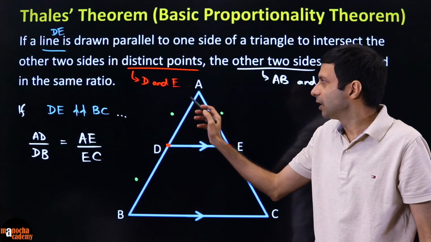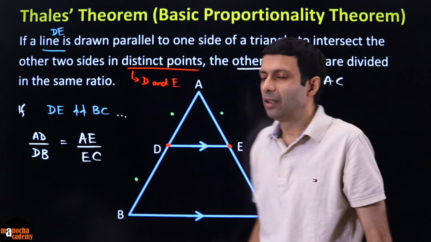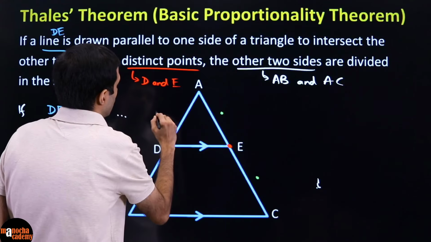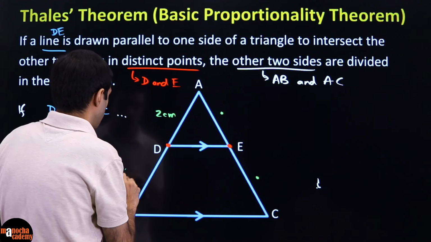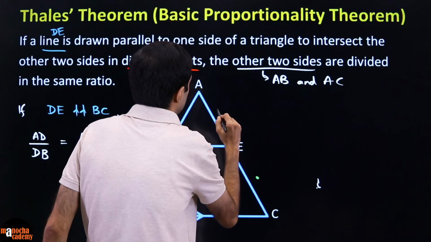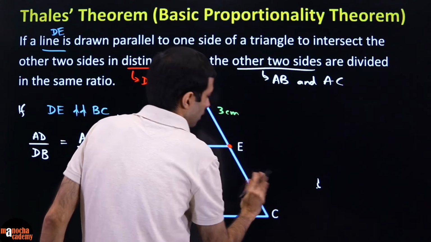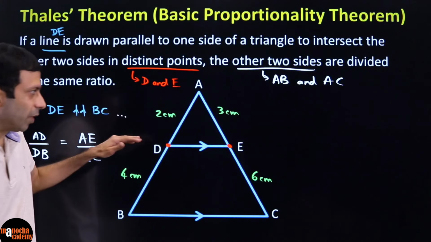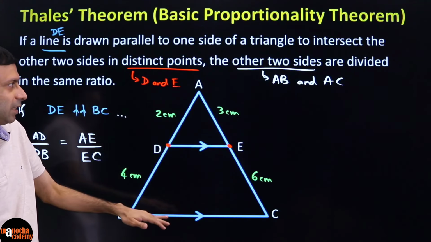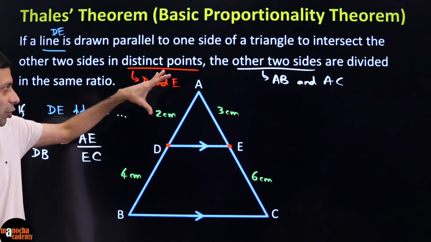So if you take an example here, let's say this length is 2 centimeters and this length is 4 centimeters. This length is, let's say, 3 centimeters and this length is 6 centimeters. Now when you've drawn this line DE parallel to BC, clearly you can see what the ratio is.